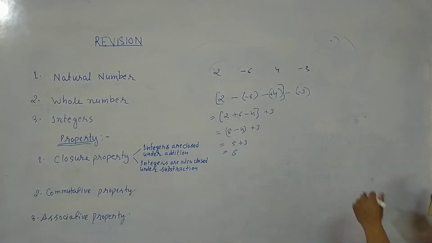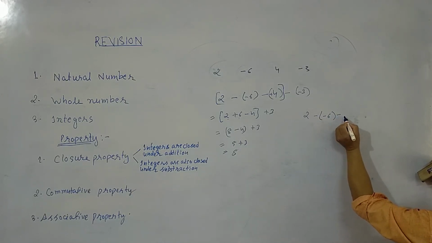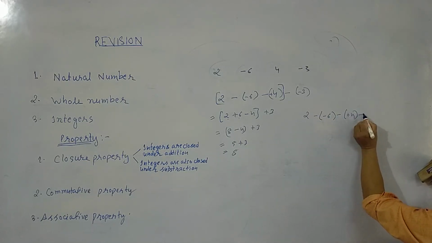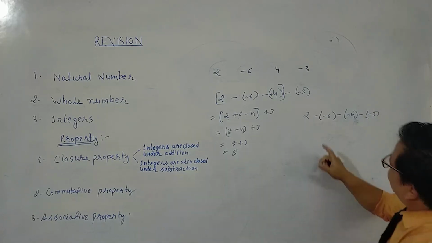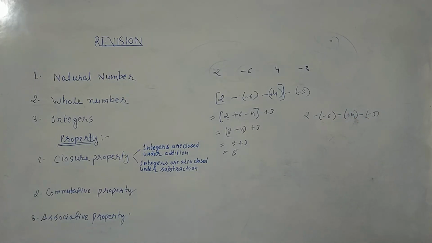Now I have changed the group. 2 minus 6 minus plus 4 minus 3. If there's plus, no need to give the bracket, but for your understanding I put the positive integer under bracket. Now solve.